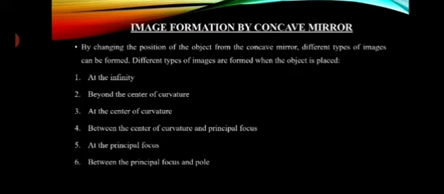So different types of images are formed when the object is placed at infinity, beyond the center of curvature, at the center of curvature, between the center of curvature and principal focus, at the principal focus, or between the principal focus and pole. These are the different positions of objects where we'll be observing the image.